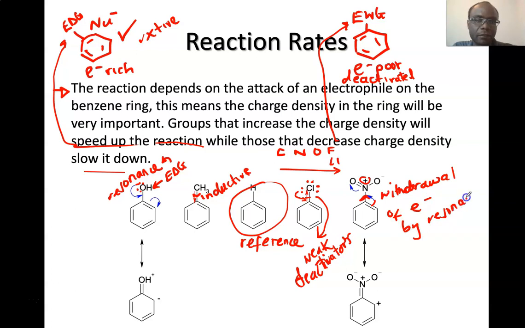But like I said, resonance is always powerful. Like I said, resonance will always trump inductive effect. So this is a very, very strong electron withdrawing group. It's a very, very strong deactivator. The nitro group, NO2, kills the ring. OH helps the ring to react.